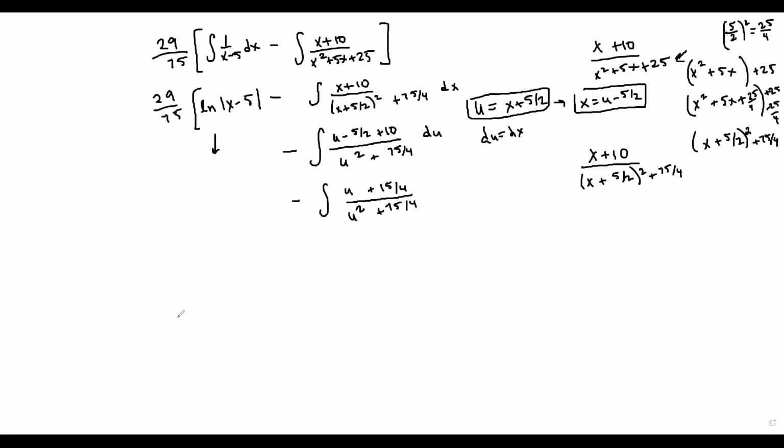Okay, why would we do that? Because now that we have this written in this way, we can break this up into two different integrals. We can break this up into the integral of u divided by u squared plus 75 over 4 du, and we can also break it up into minus 15 over 2 divided by u squared plus 75 over 4.